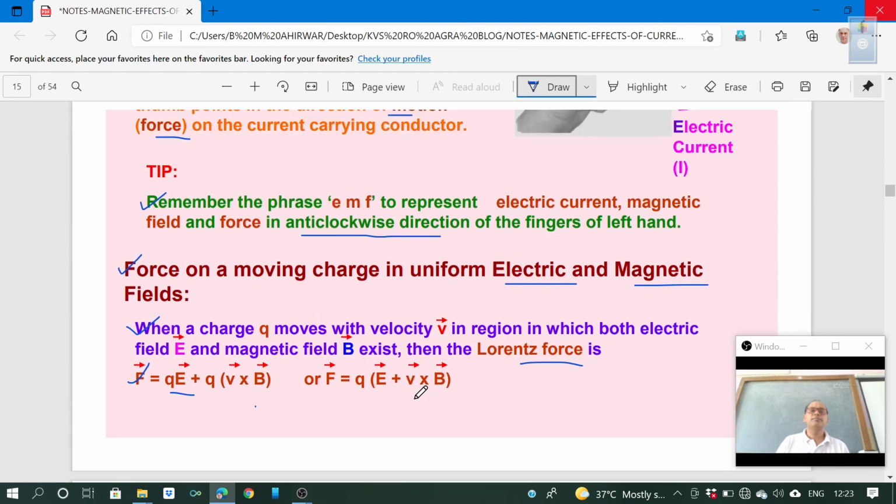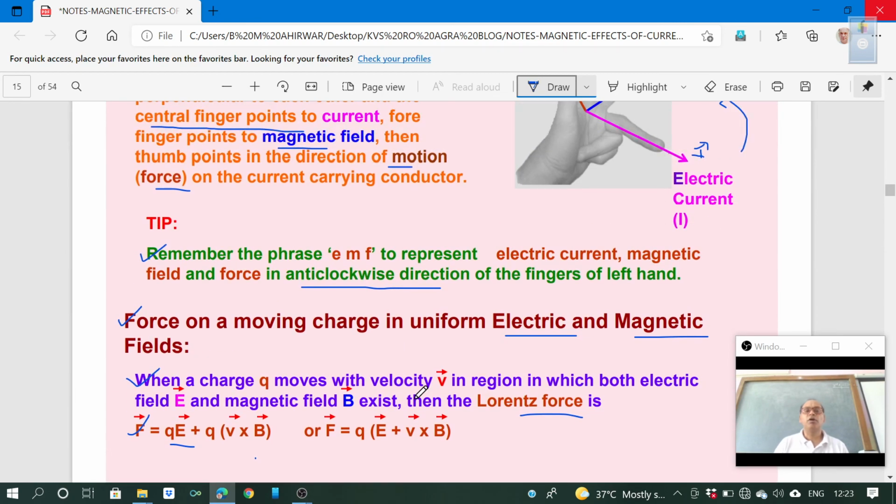This is the force on a moving charge in uniform electric as well as magnetic fields.